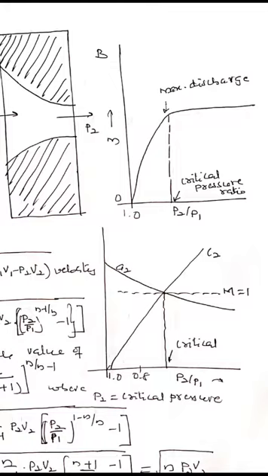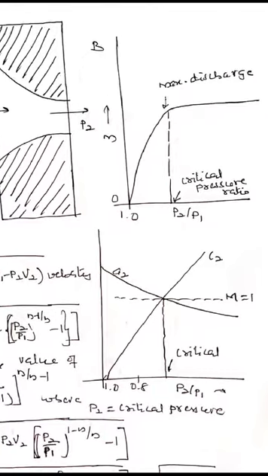You can see that the mass flow rate through the nozzle increases up to a certain value of pressure ratio known as the critical pressure ratio, and by decreasing the pressure P2 below the critical pressure, there will be no change in mass flow rate. That is, the mass flow rate increases up to a certain value of critical pressure ratio and thereafter it remains constant, as shown in the graph.